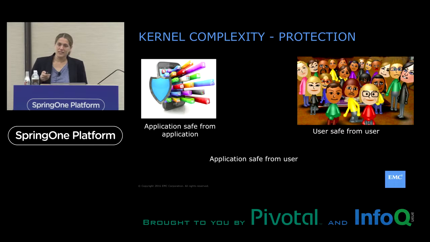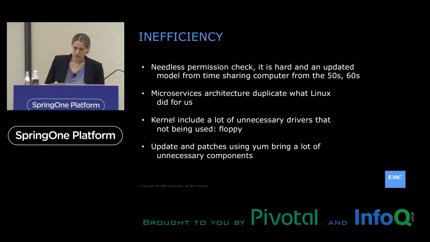The real question is, does it really need to do this today? It made sense in the 50s and 60s, when people were buying huge, very expensive mainframes. We couldn't dedicate one to a single application, so we needed the model of time sharing, and therefore a way to protect. But we're not doing that anymore. Today you can easily dedicate a virtual machine, and that's it.